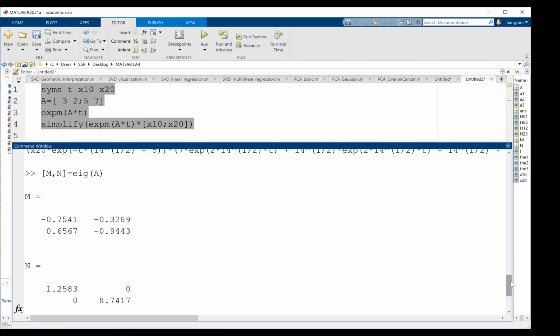Your question? Then if the eigenvalues are not real, can we still apply this rule to find x1, x2? Yeah, so the process I showed you here can be used even if the eigenvalues are real or imaginary, doesn't matter.